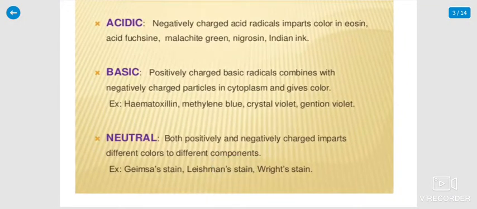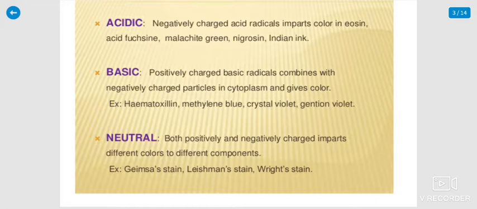Some stains are acidic in nature, some are basic, and some are neutral. Acidic stains have negatively charged acid radicals that impart color, for example eosin, acid fuchsin, malachite green, nigrosin, and also Indian ink.